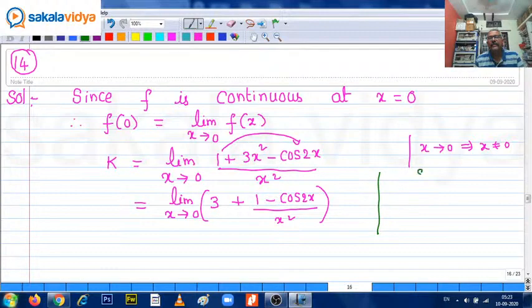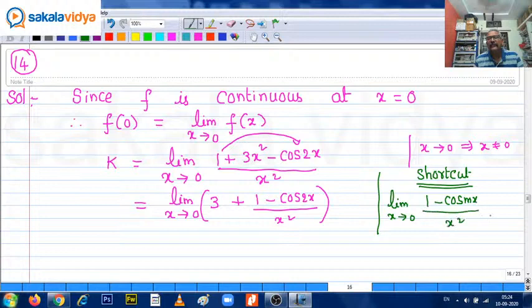Please all of you remember this shortcut. What is the shortcut? The limit as x tends to 0 of (1 minus cos mx) upon x square is m square upon 2.